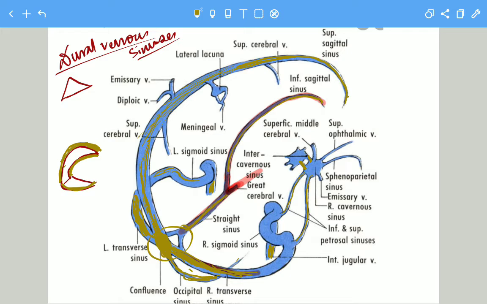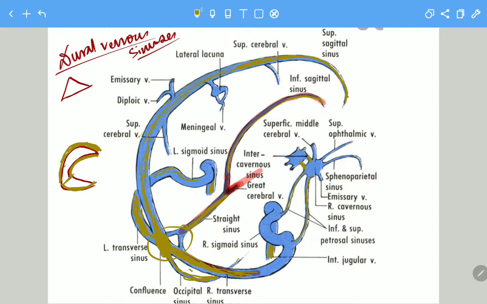And within the tentorium cerebelli, along the line of attachment to the falx, lies the large straight sinus. Into the straight sinus run both the great vein of Galen, which drains the deep structures of the forebrain, and the inferior sagittal sinus. So this is the straight sinus where the inferior sagittal sinus and the great vein of Galen join together.